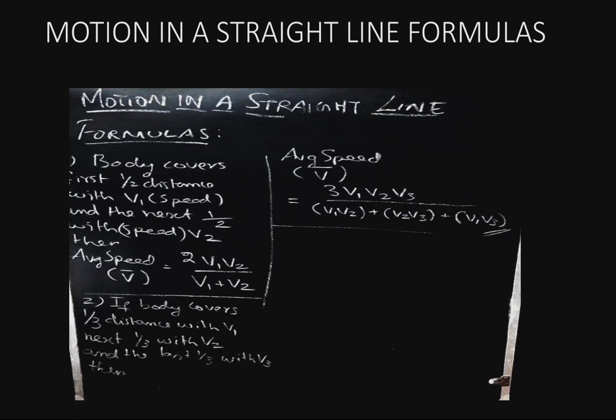So average speed is equal to 3 v1 v2 v3 by v1 v2 plus v2 v3 plus v1 v3. We are adding all these three. So this is the second equation we are discussing.